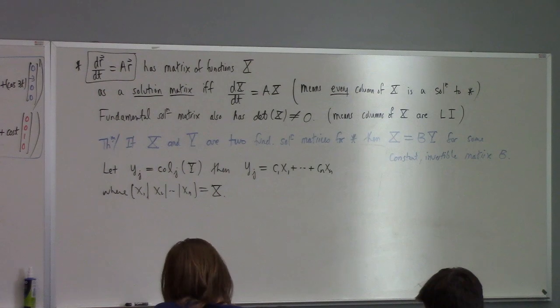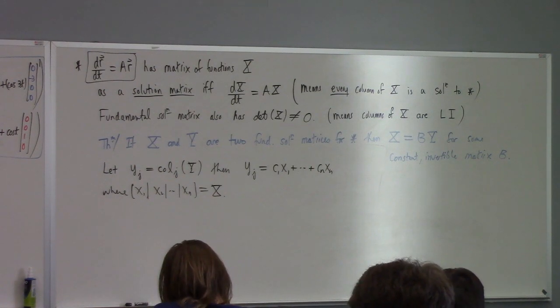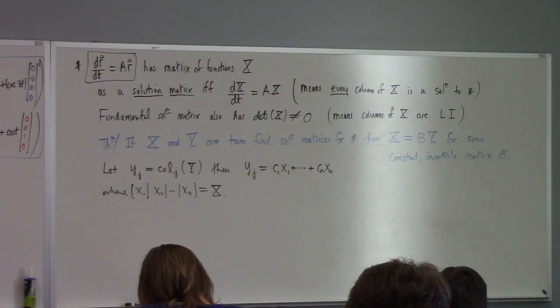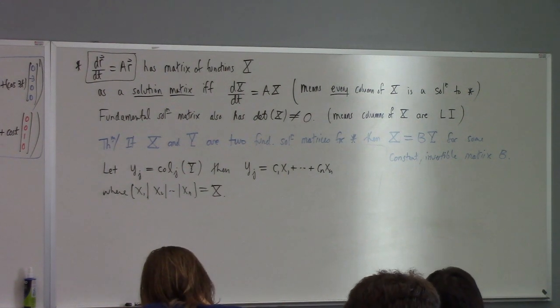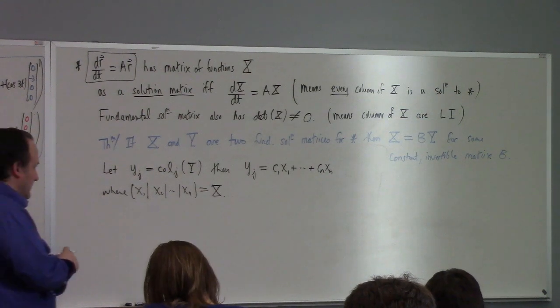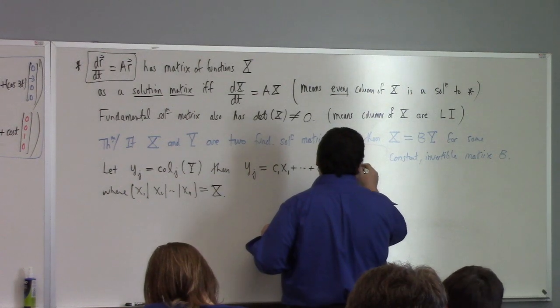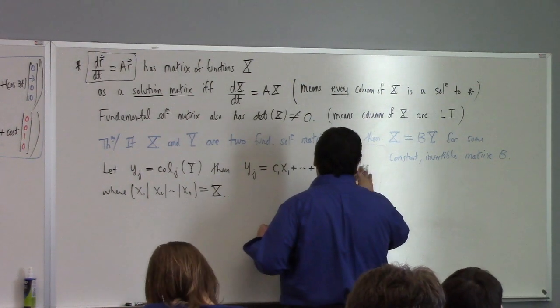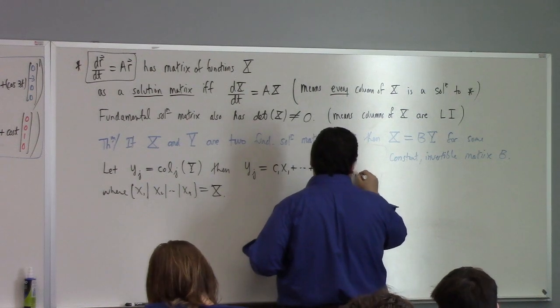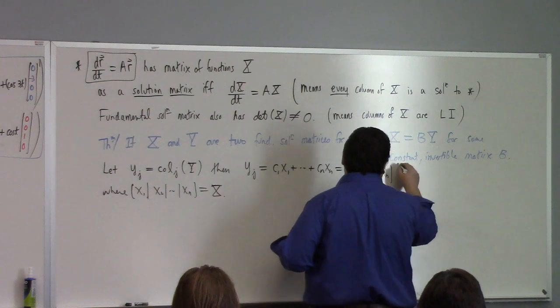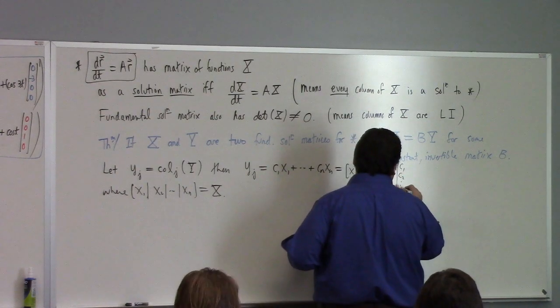So now why is that true? Yj is a solution, right? The jth column of Y is a solution. If it's a solution to the differential equation, it must be that there's some linear combination of the fundamental solution set x1 through xn which builds that solution. And since that's true, we can rewrite that as the matrix x1, x2, xn times the column vector, like this.